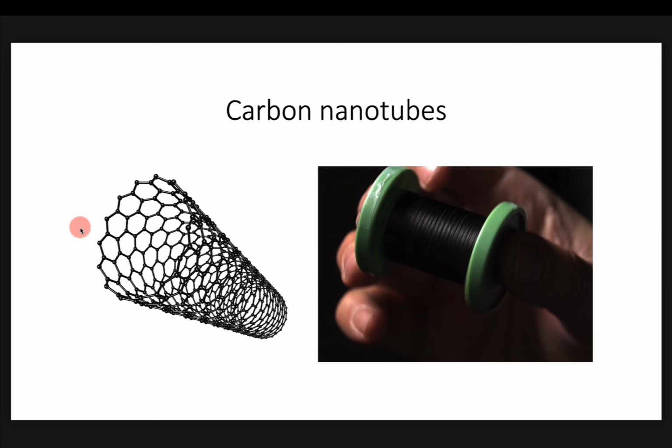They also conduct electricity because there are delocalized electrons. So this is an electricity conducting material. And it's also very, very strong because the tube has a bunch of carbon atoms bonded basically into one long molecule.